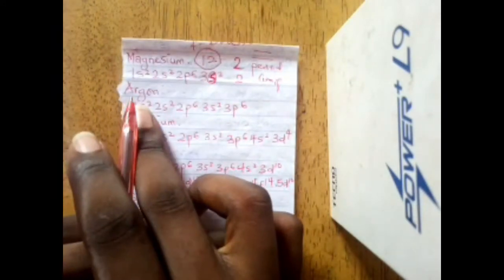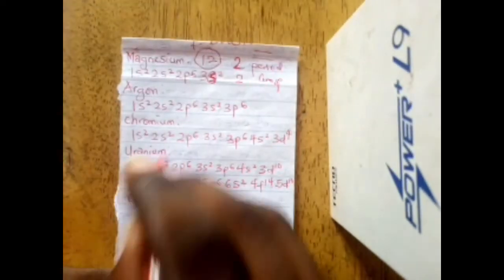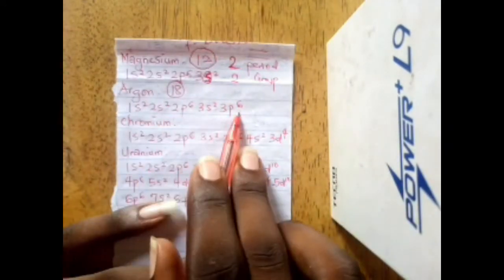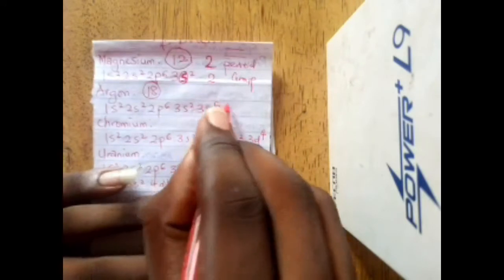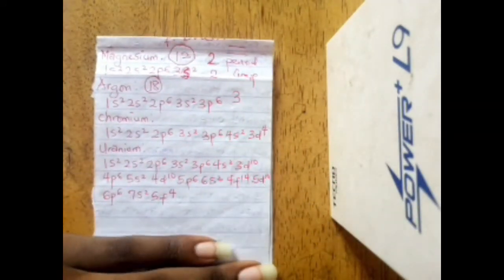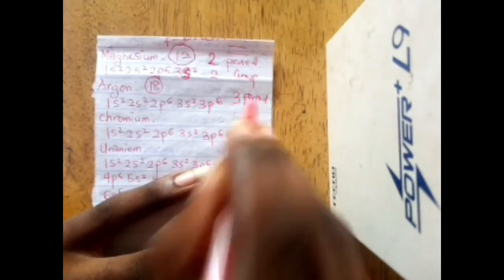Now for argon also, argon has an atomic number of 18. And this is its electronic configuration. So the highest number here is 3. So it has 3 energy levels, meaning it has 3 electron shells. This is in period 3.